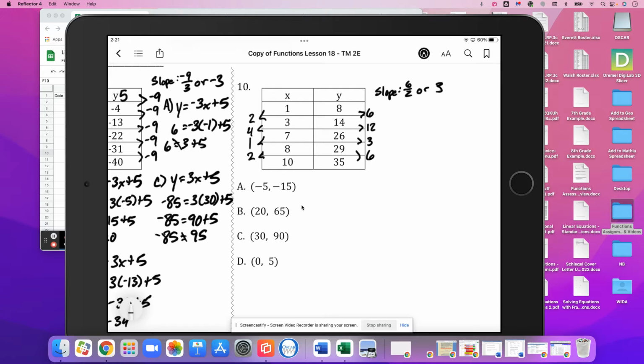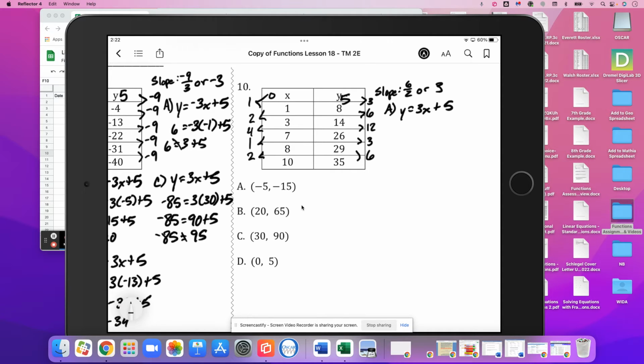And for the y-intercept, we know that the slope is 3. So that's 3 over 1. So I could drop back 1 to get to 0. I would have to drop back 3 over here. So that puts our y-intercept at 5. So we're going to have an equation. We'll test point A right here. y equals 3x plus 5.